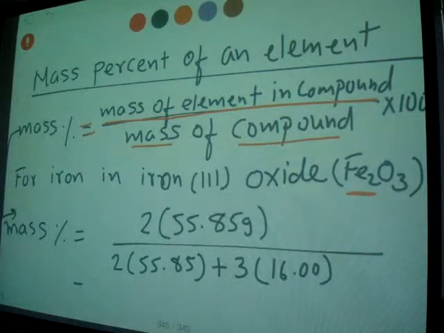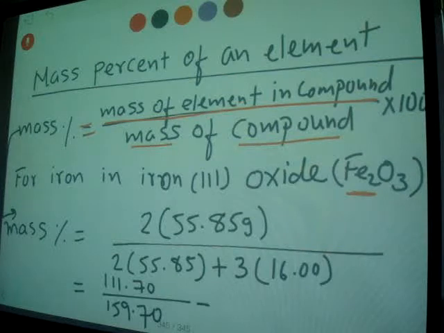We add them together, so first 2 times 55 is going to be around 111.70 grams, divide by 159.70 gram, and again you need to multiply by 100.